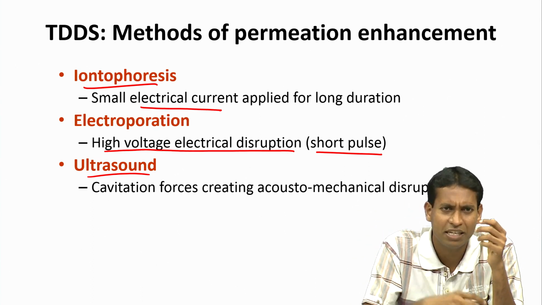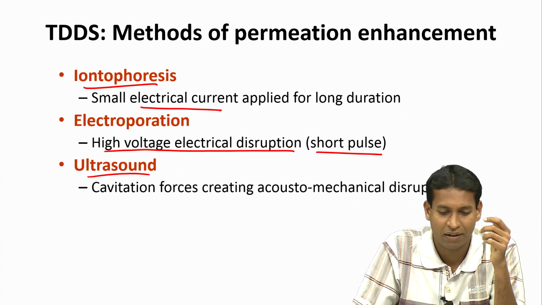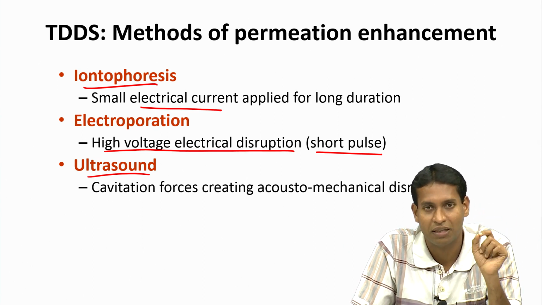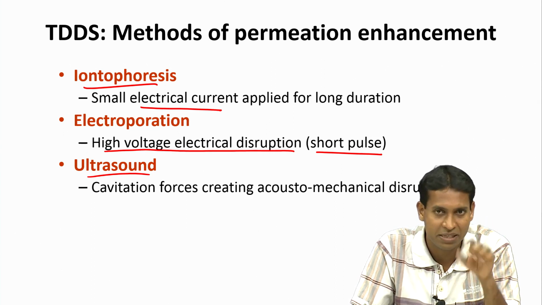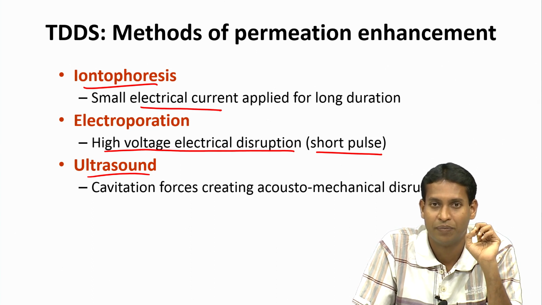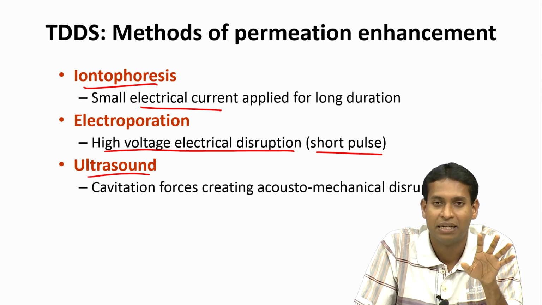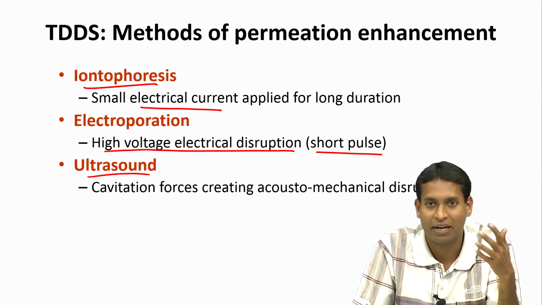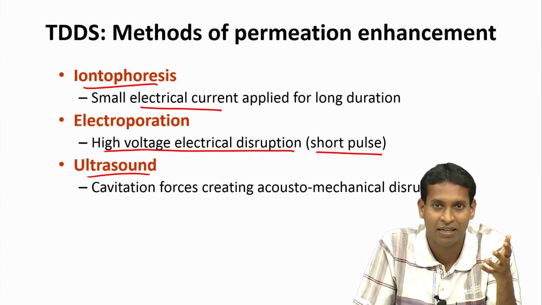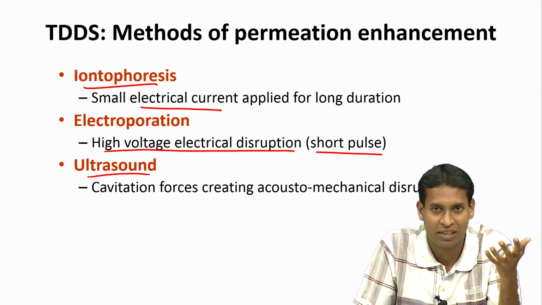Essentially, all the permeation enhancer methods we are discussing so far rely on the fact that we need to disrupt the stratum corneum layer, and apply the drug immediately before it heals itself. The skin has a very good healing capacity. You have probably seen that if you get a cut, the bleeding stops within a few seconds, and within a few hours the skin is completely sealed off.